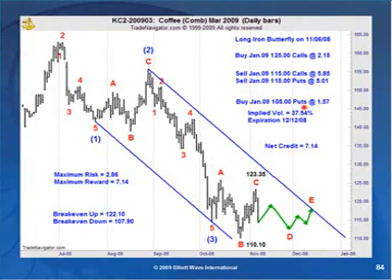You keep them short, and you're earning the time decay, which is at its maximum at 1 month and less in terms of the acceleration. So that's the trade. My maximum risk was 286, and my maximum reward was 714. So not a bad ratio in terms of risk reward.